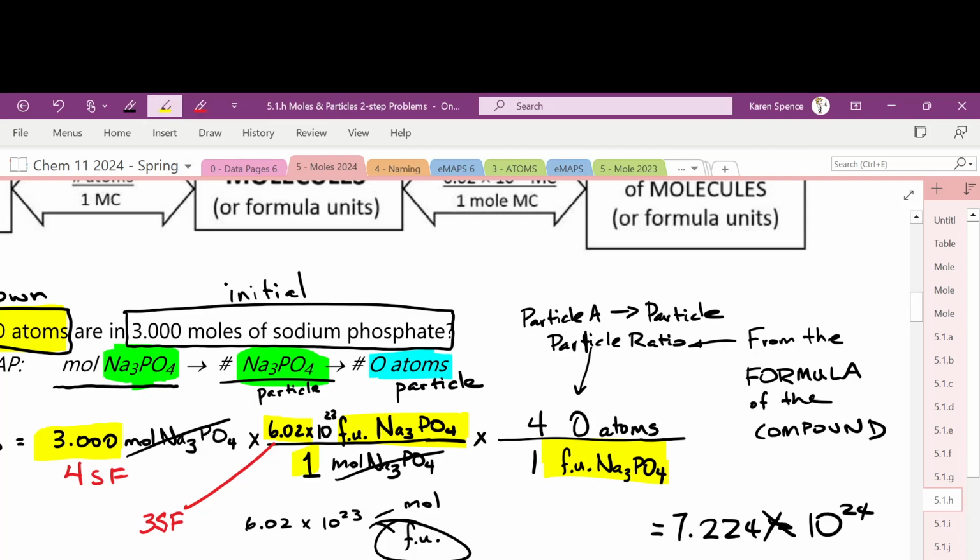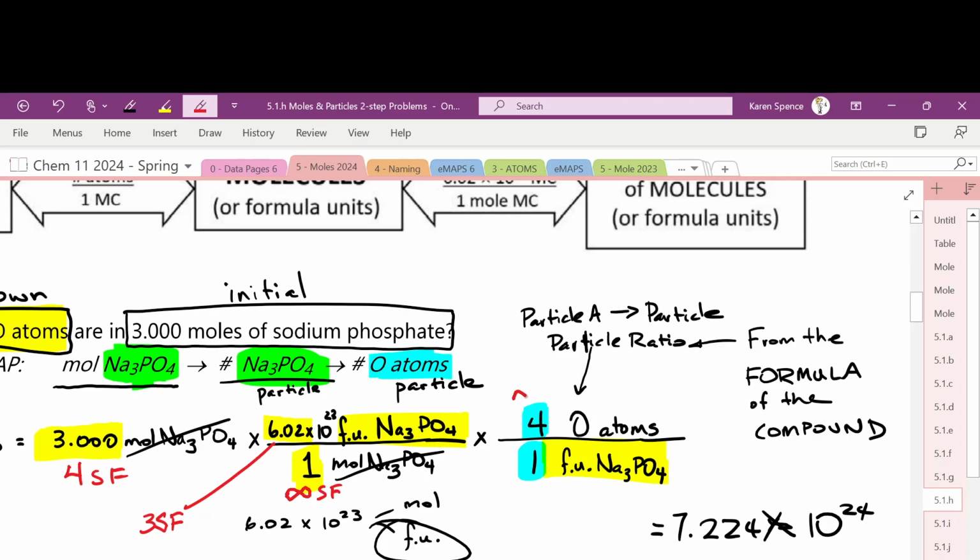How many sig figs in the 1 mole? It's an exact number, therefore infinite sig figs. And how about our 4 and our 1? Are there approximately 4 O atoms?